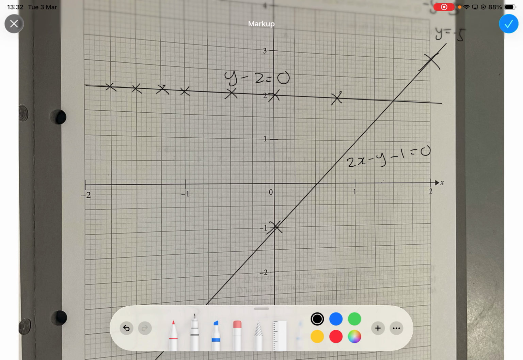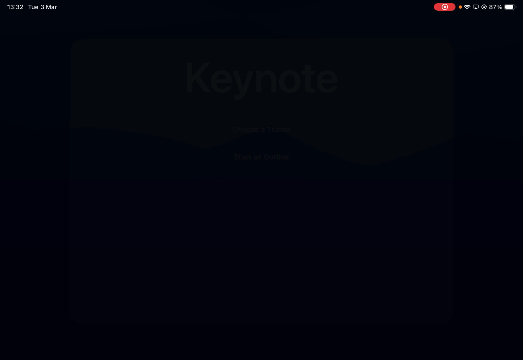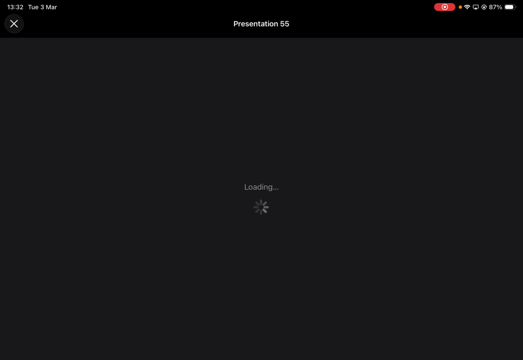It can also satisfy equation 2. There are no other points on this line that can satisfy this equation. The intersection is the only point, only combination of x and y that can satisfy both equations at the same time.